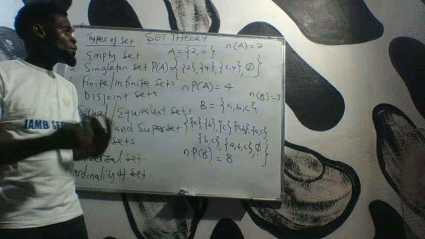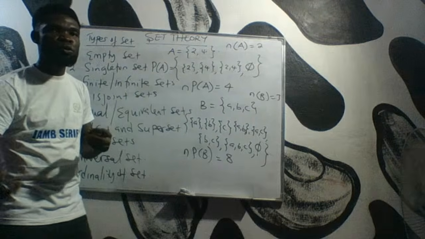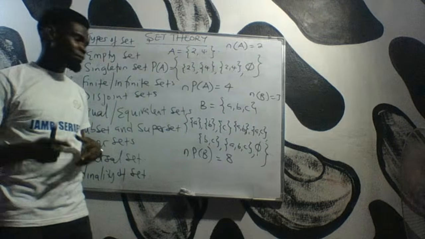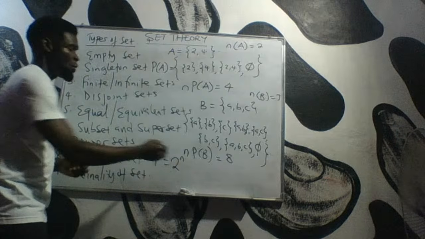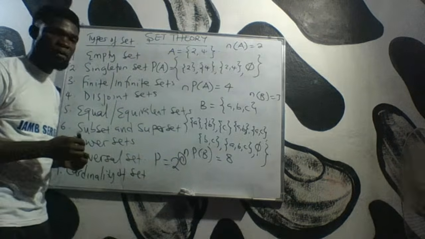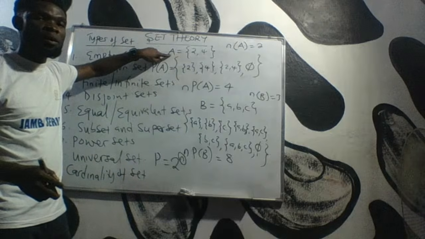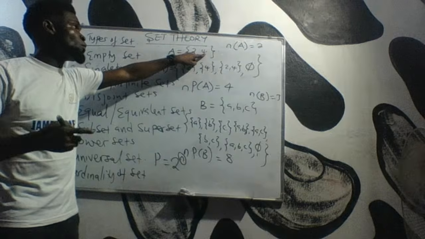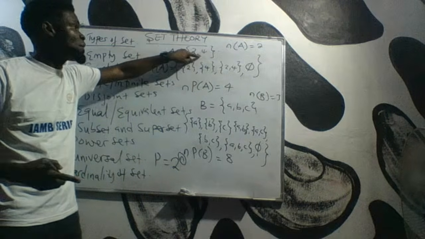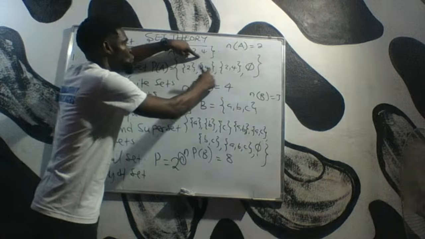Question: given a set, how do I know how many subsets I'm able to derive from that set? I will use the formula 2 raised to the power n, where n is the cardinality of that particular set. For instance, when I have set A, which contains 2 elements, 1, 2, and I want to form the power set of this set, how many subsets will I get to form the power set? 1, 2, 3, 4.